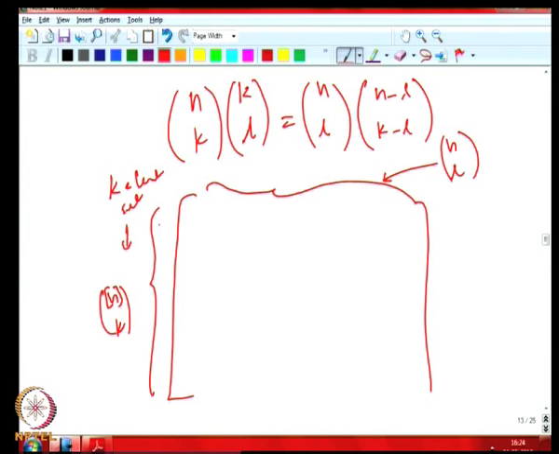So, the k element subsets correspond to the rows, and the L element subsets correspond to the columns.